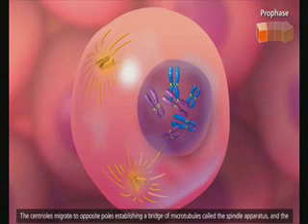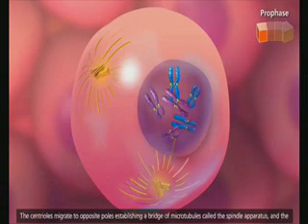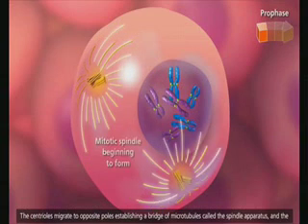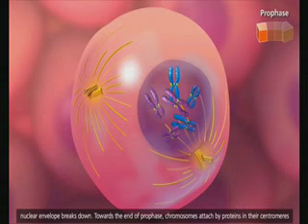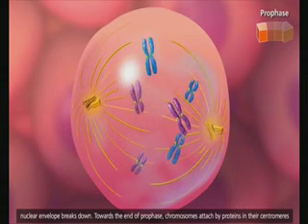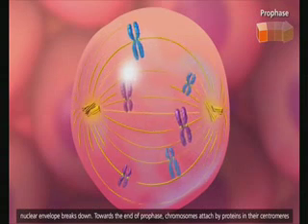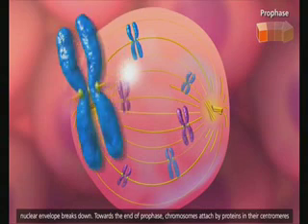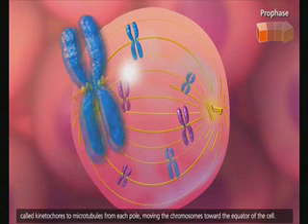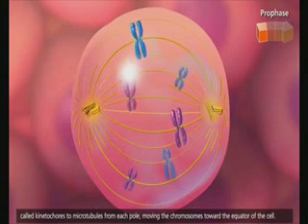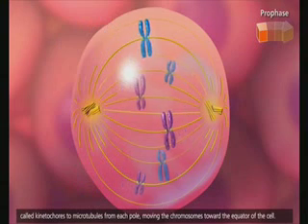The centrioles migrate to opposite poles, establishing a bridge of microtubules called the spindle apparatus, and the nuclear envelope breaks down. Towards the end of prophase, chromosomes attach by proteins in their centromeres called kinetochores to microtubules from each pole, moving the chromosomes toward the equator of the cell.